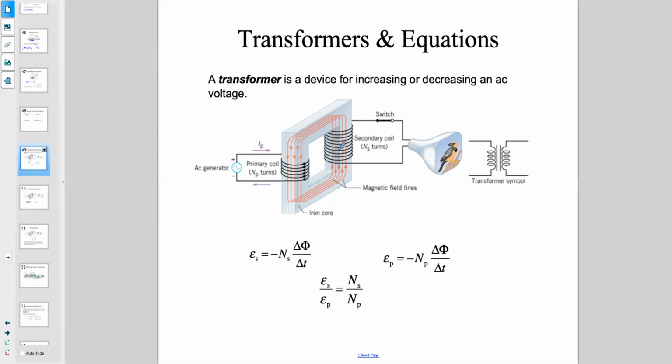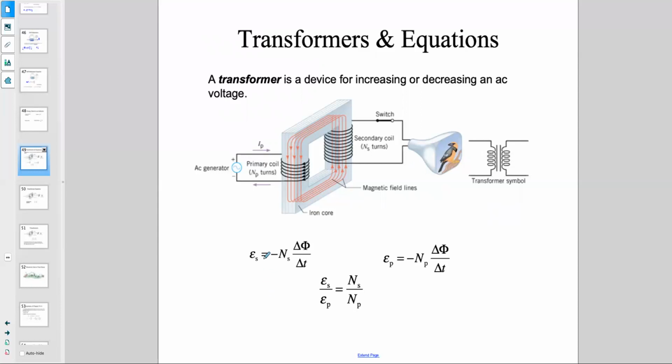And the secondary coil has a different number of turns. Okay, and then this secondary coil, because of the existence of this B field inside this iron core, this B field will induce a current inside the secondary coil. And you can see, for example, this will be your TV, for example.